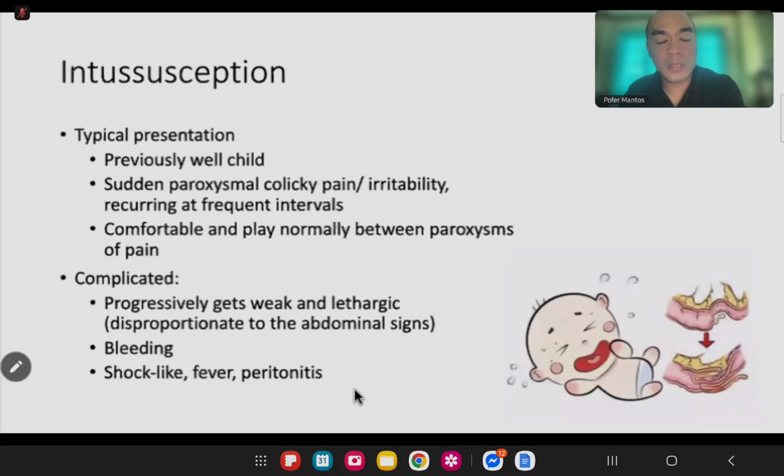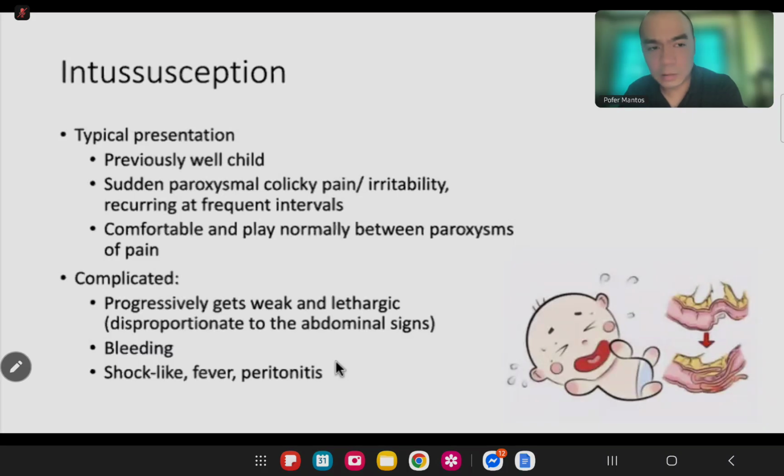However, if the intussusception persists and the diagnosis is not made early, it will lead to complications. From irritability, the child may become lethargic, weak, even with bleeding because of the compromised blood vessels in the intestine, and worse, the development of shock and peritonitis.